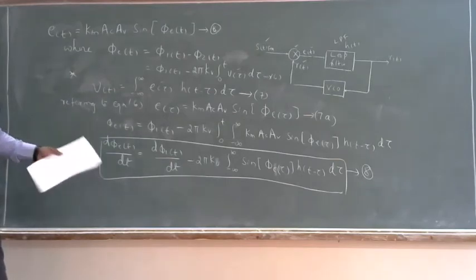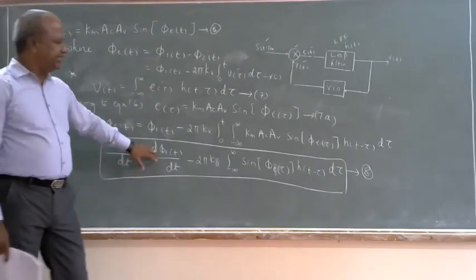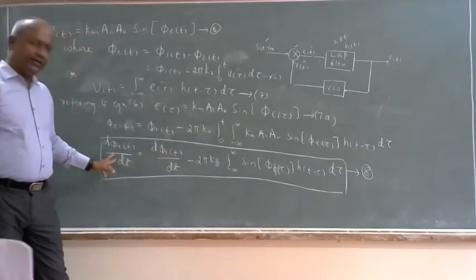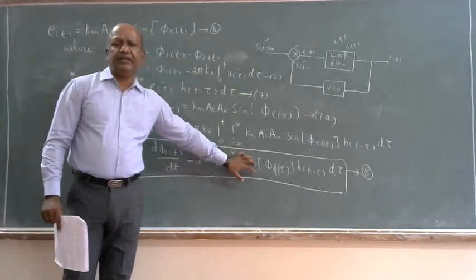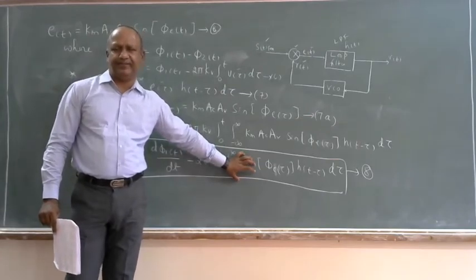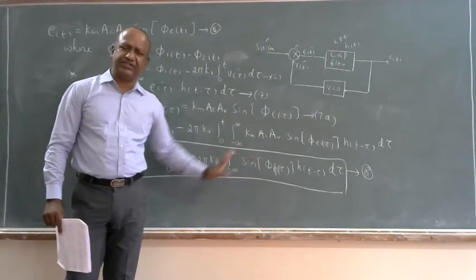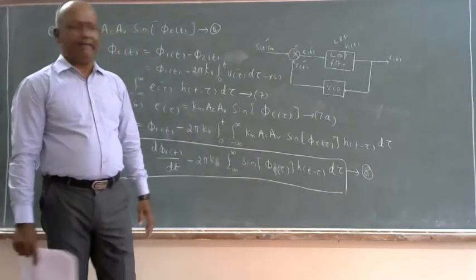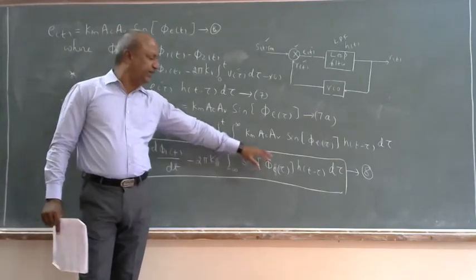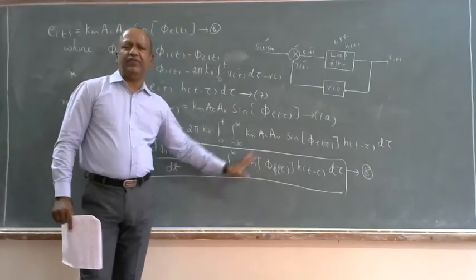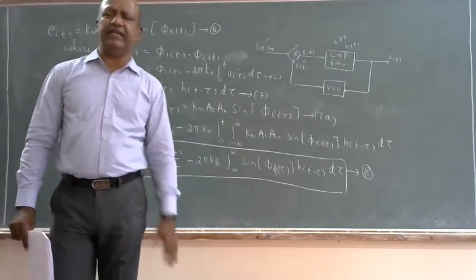By seeing equation number 8, first of all, is it linear or non-linear? There is a differential term and there is an integral term, so this equation is called an integral differential equation because integration and differentiation are both involved. The second term is in the form of sine of phi of tau, and sine is not a linear function.